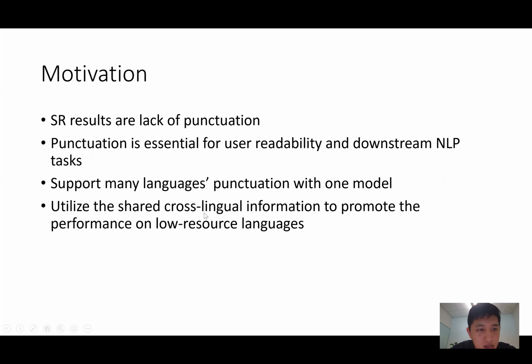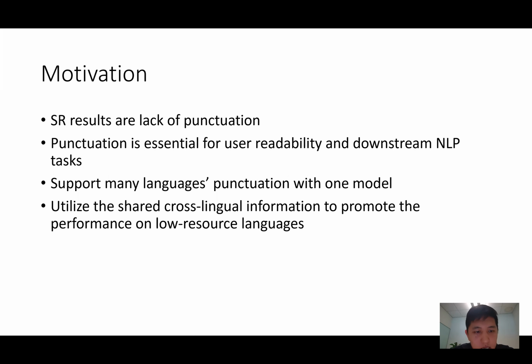The background is that ASR results usually lack punctuation. Punctuation prediction is an independent component in the ASR system. Punctuation is essential for user readability and downstream NLP tasks, like machine translation, language understanding, and so on.